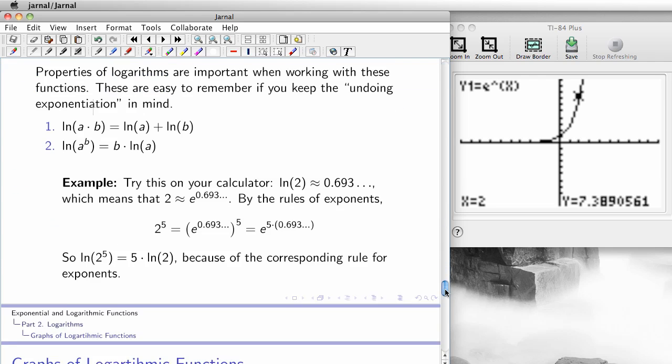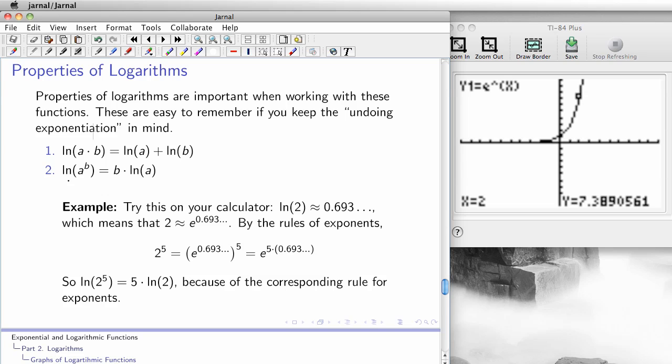And similarly, we have this property, again, that we can check using particular numbers. It's really very straightforward. When we say the log of 2 is 0.693, that means that 2 is e to the 0.693. So you can try that on your calculator and see that's about right. So instead of 2 to the 5th, we can say, well, 2 is really this guy. So 2 to the 5th is the same as this awful e expression to the 5th.